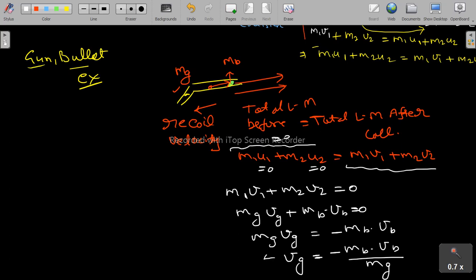This velocity is called the recoil velocity.